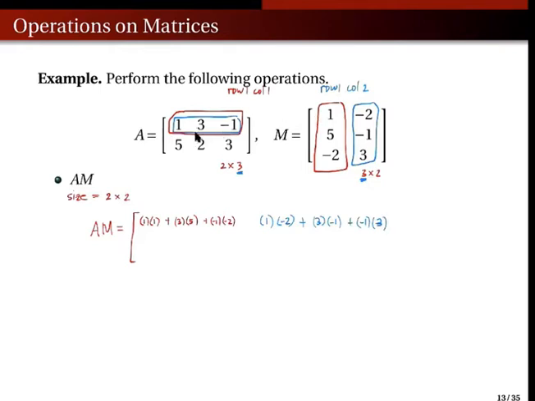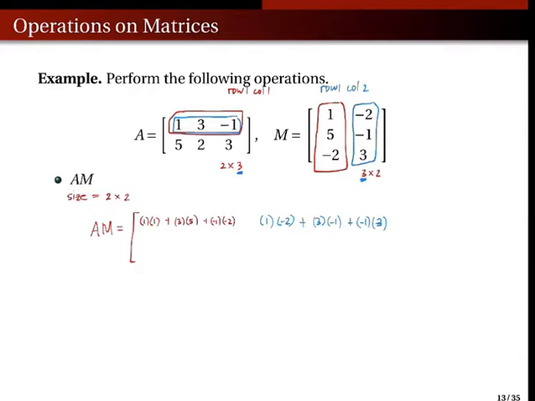Okay? So again, first row, column 2. That's why we are in the first row and at column 2. And that's where we will put the multiplication and addition, etc.